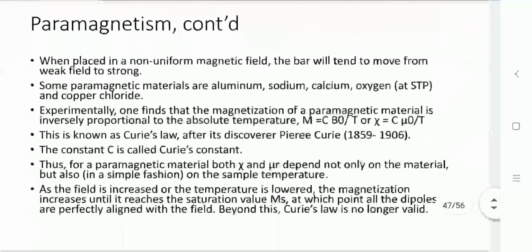When we place the substance in a non-uniform magnetic field, the bar moves from weak field to strong field. Paramagnetic materials include aluminium, sodium, calcium, oxygen and copper chloride.